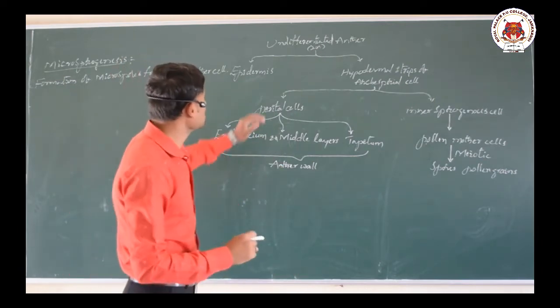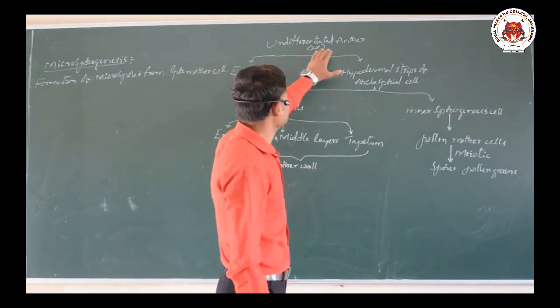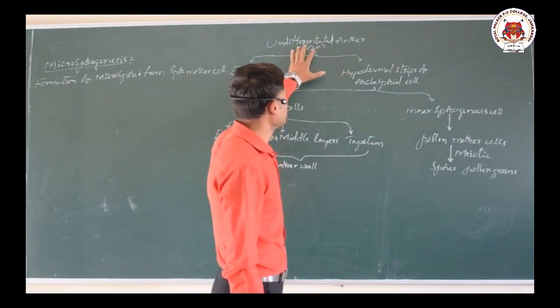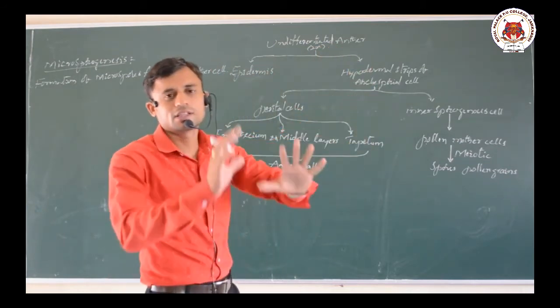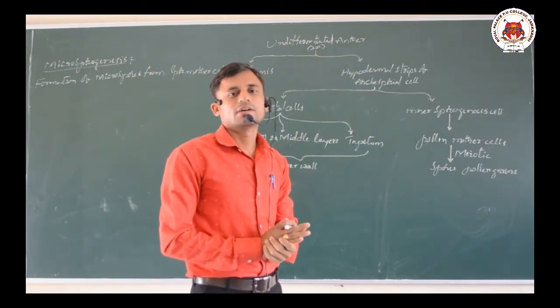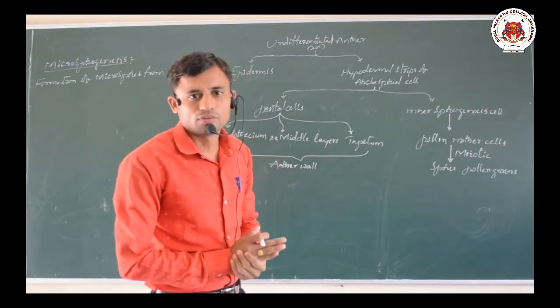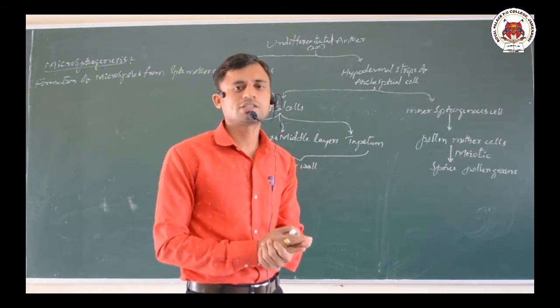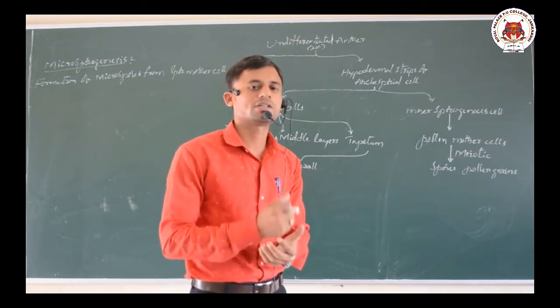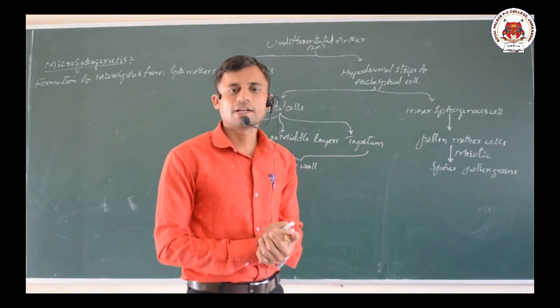Let us discuss the undifferentiated anther. The undifferentiated anther we call a microsporophyll. The male sporophyll is the structure where the nourishment and the production of pollen grains occur.